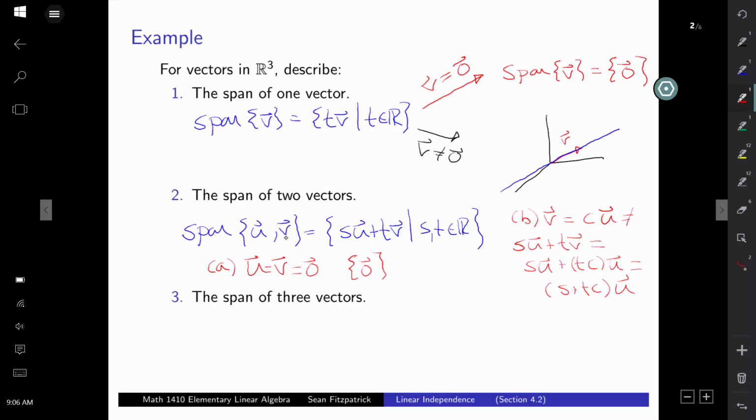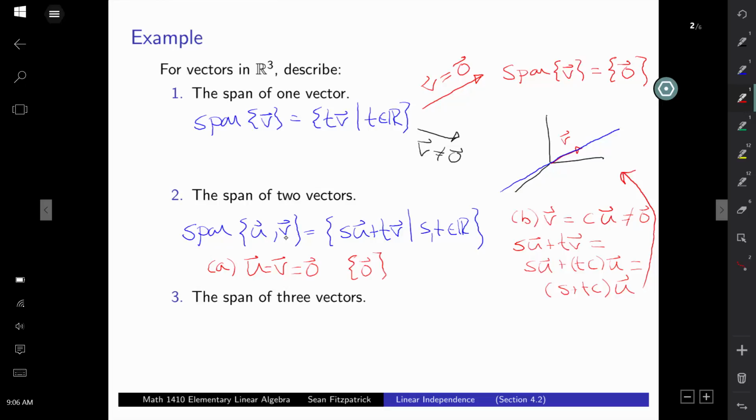Here, let's say U is not the zero vector. Then the set of all linear combinations of U and V just reduces to the set of all scalar multiples of the vector U, because any linear combination of U and V, in this case, you could write as simply a multiple of U. So once again, in this case, you're dealing with a line through the origin.